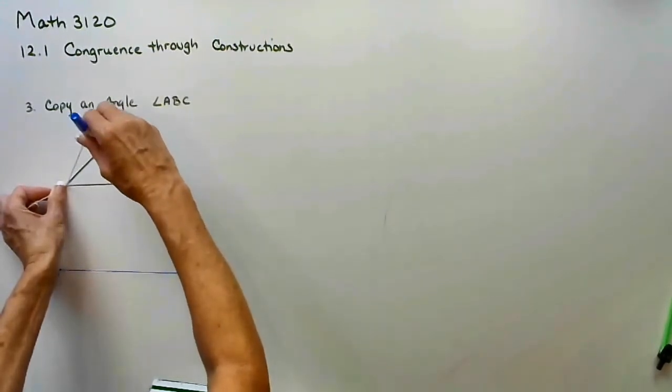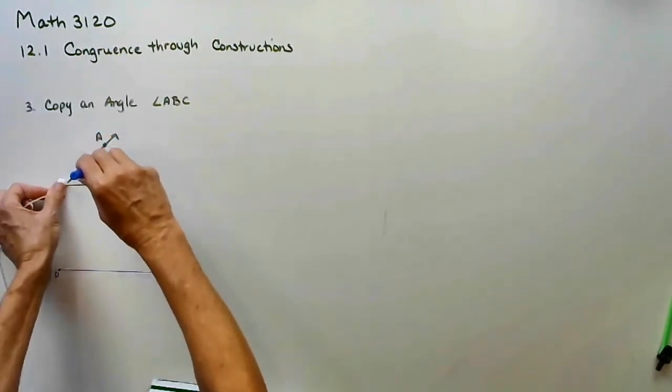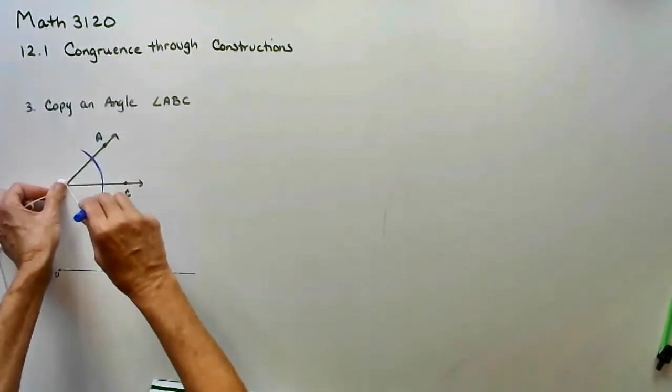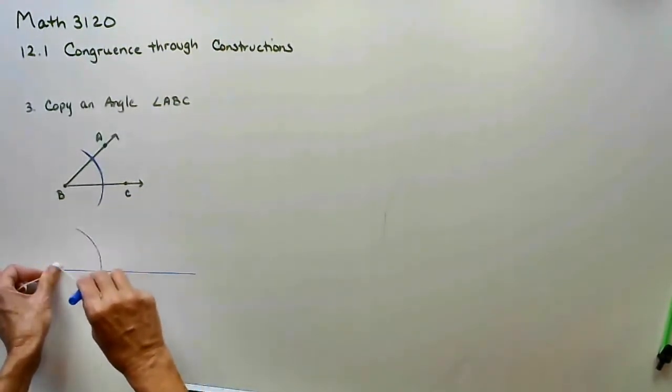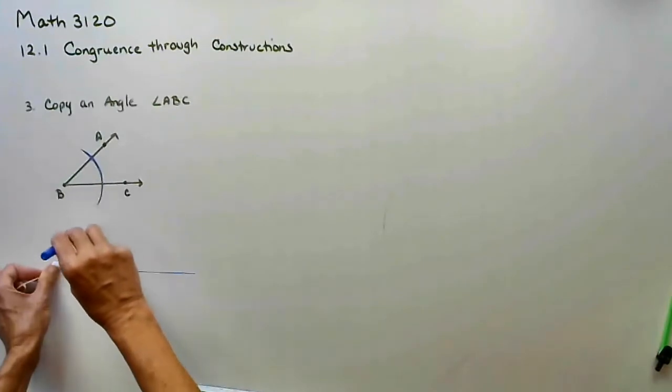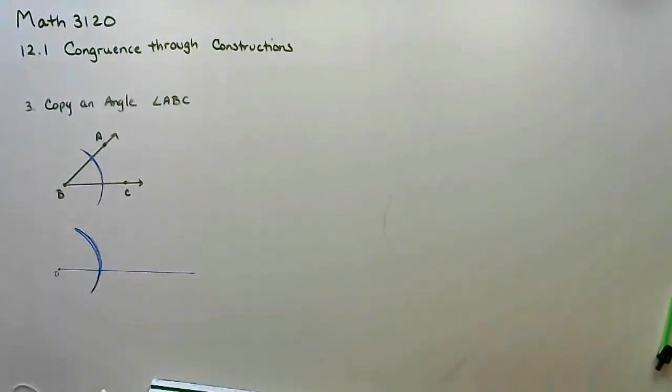It does not have to go through one of these points. Here, I'll shorten it. It just has to intersect both sides. And I'm going to take that down, and I'm going to do the exact same corresponding angle. Now mine slips a little bit because it's not locked in.